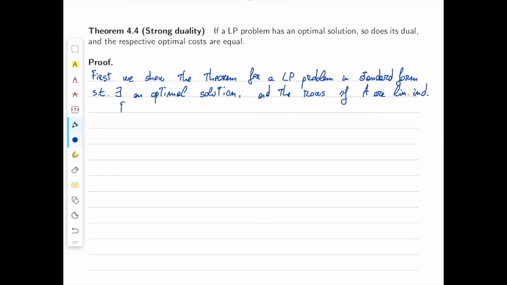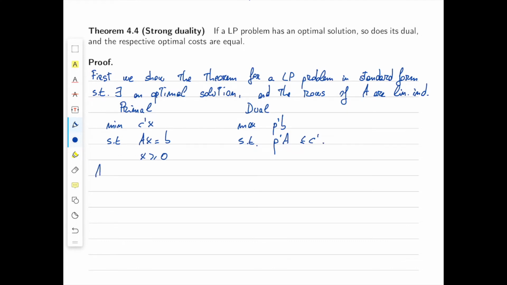Now let's write down our primal problem, which is min C transpose X subject to AX equal to B, X greater than or equal to 0, and our dual problem, which is max P transpose B subject to P transpose A less than or equal to C transpose.